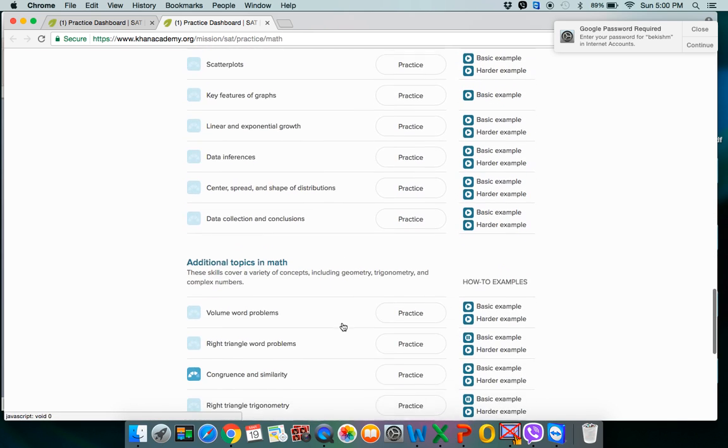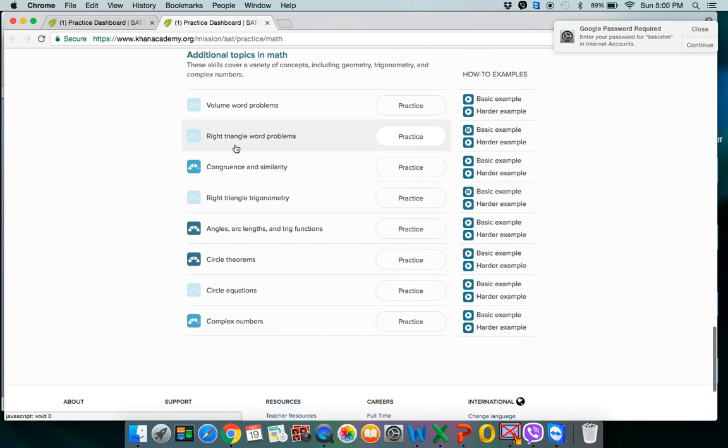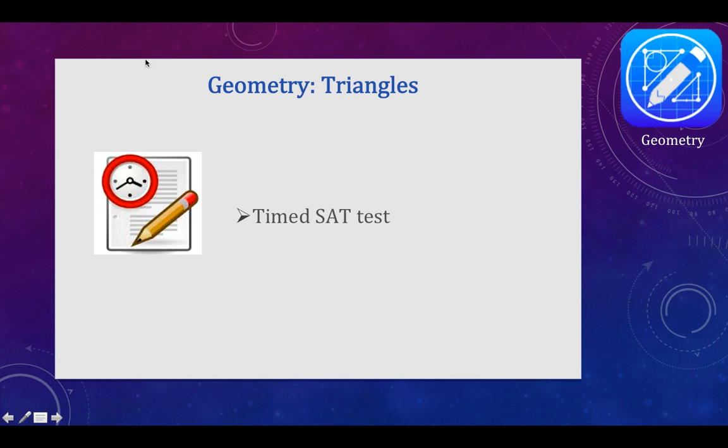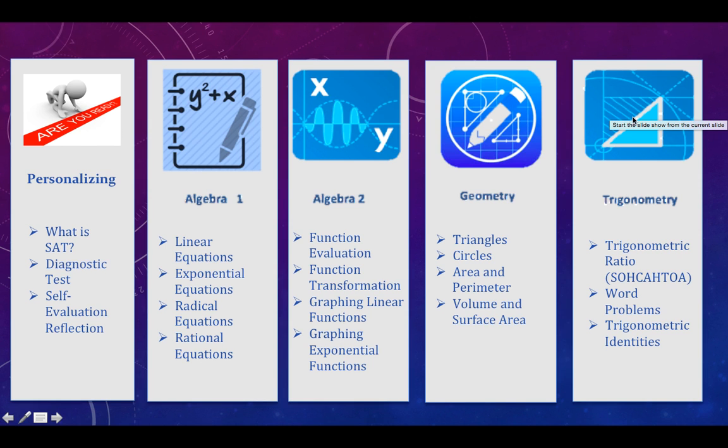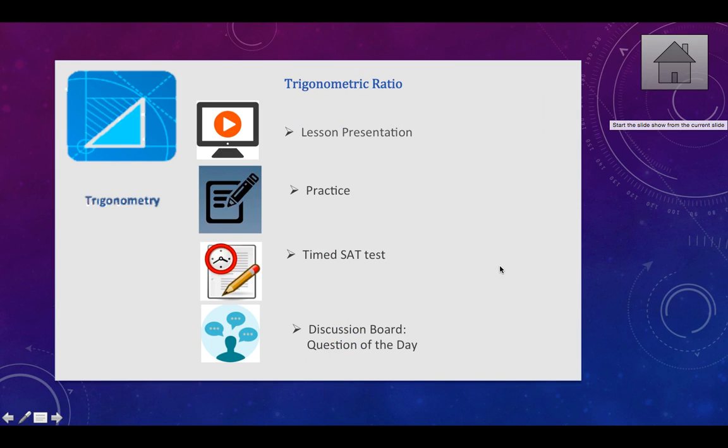Another Khan Academy: triangles, right triangle, word problems. And lastly, the trig section.